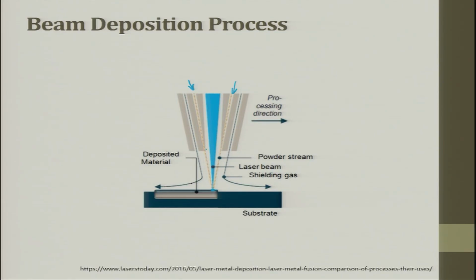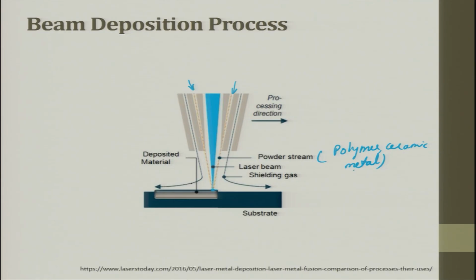When the particle comes in along the axis, it tries to meet and it tries melting at this point. When it starts melting at this point, it slowly gets deposited. So, you can have the powder coming from this; powders can be polymer again, it can be ceramic, it can be metal.